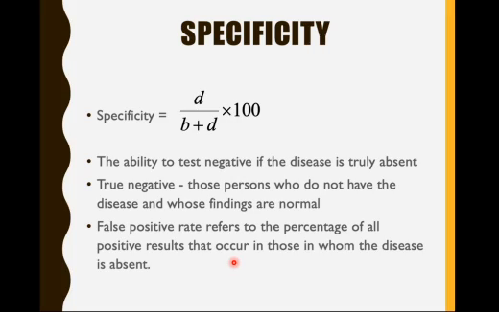That's why we call them false positive rate. Now, again, the false positive rate, class, is the complementary of specificity. If the specificity is 90%, the false positive rate is 10%.